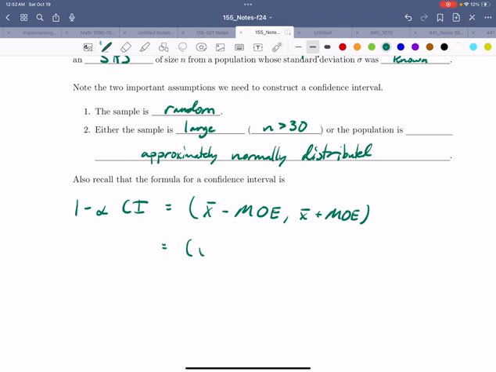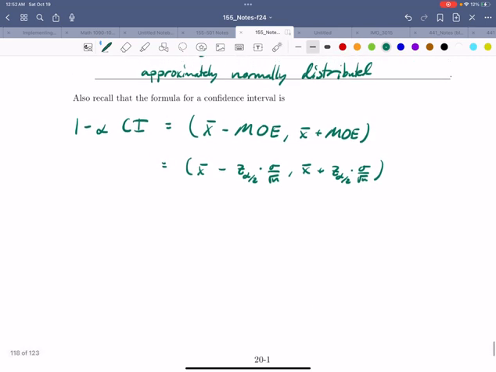And this is the same thing as the point estimate minus our z-score, that's sort of specialized z-score, times our standard error, and then our point estimate plus that same value right there. That's what it is. I can move this down.